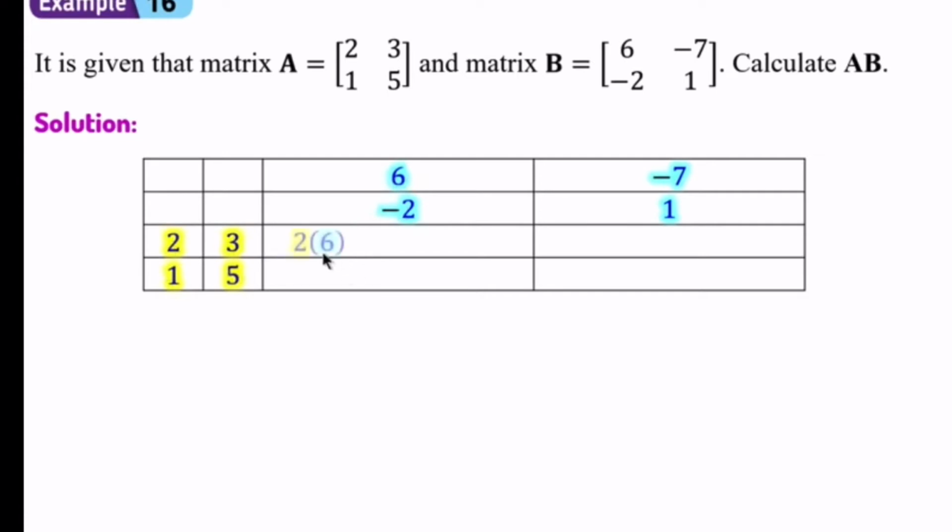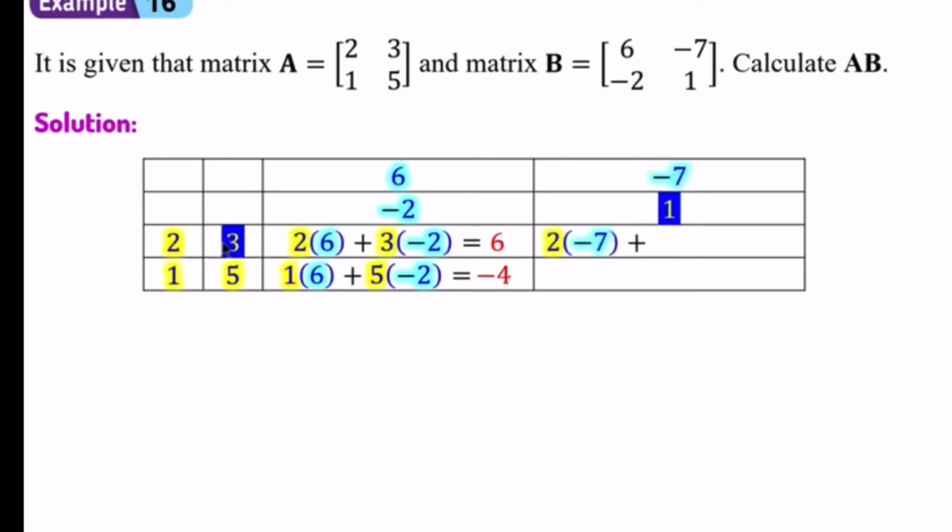So it's 2 times 6 plus 3, which is at row 1, times negative 2. The answer is 12 minus 6, which is 6. The other one for row 2 is 1 times 6 plus 5 times negative 2. That is how you do multiplication of matrices by using rows and columns. Then 2 times negative 7 plus 3 times 1.